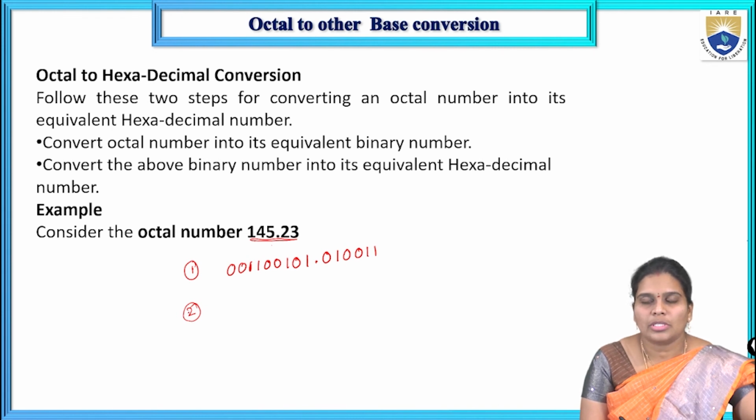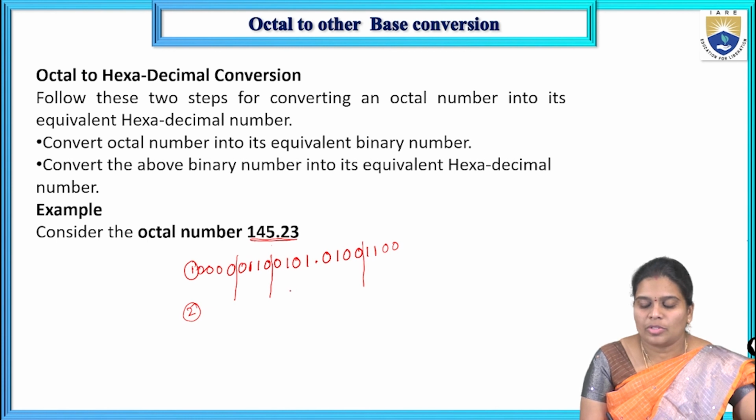Now separating into groups of 4, from right to left. So this 4 is one group and this 4 is one group. Next, on the right side, this 4 is one group and this 4 is one group.